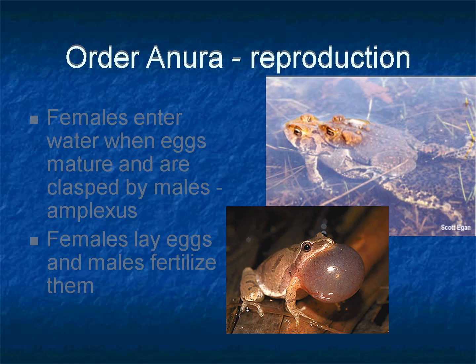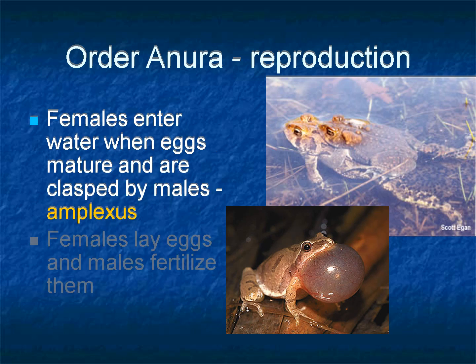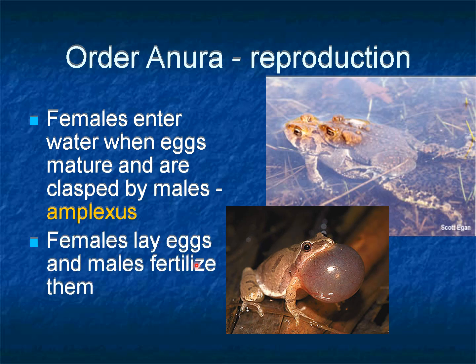When eggs are matured, the female enters the water and is clasped by the male, as you can see in the diagram. This special mating position of frogs and toads is known as amplexus. During amplexus, the female lays eggs and the male fertilizes them.